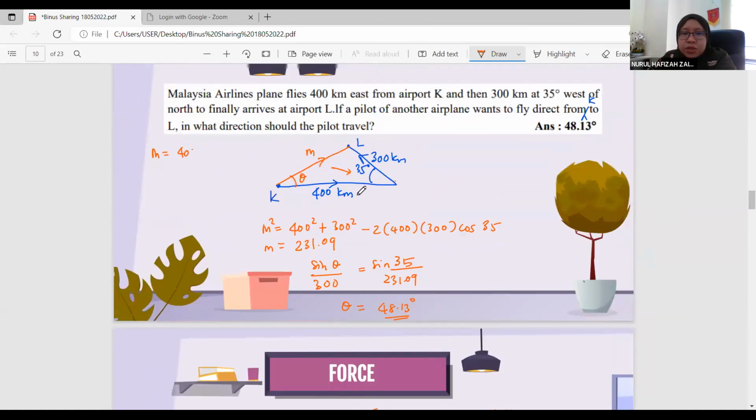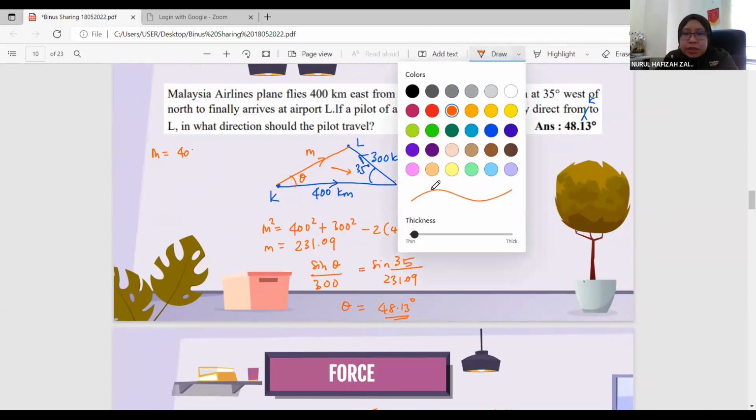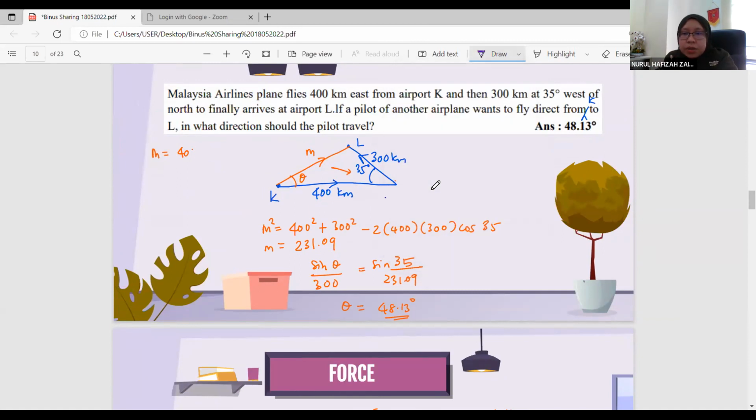So let's say I change it a little bit, because it must come out from the origin, right? So let's say we have 300 here, and then we have 35 here, and then 400 is here. The direction is just this 0 degree here.